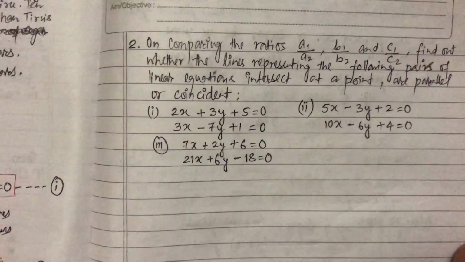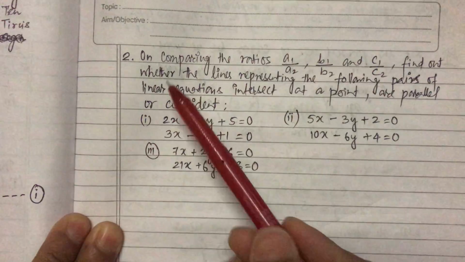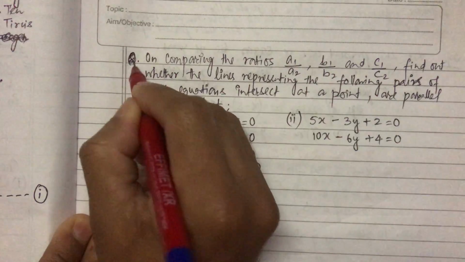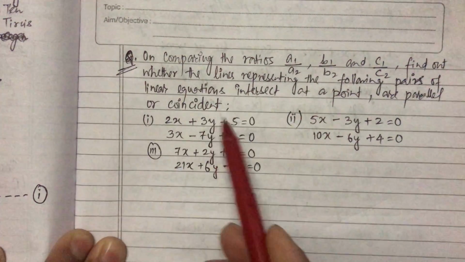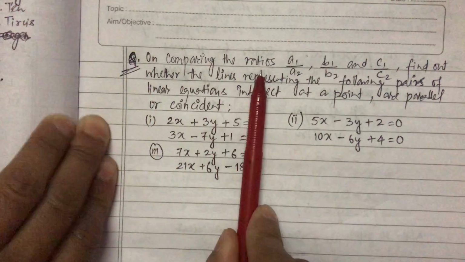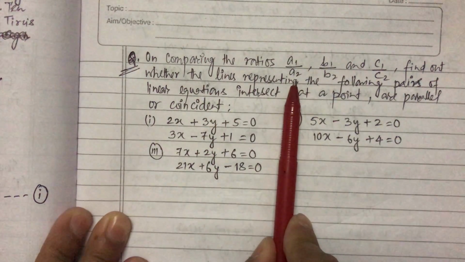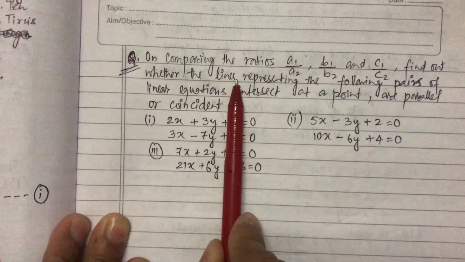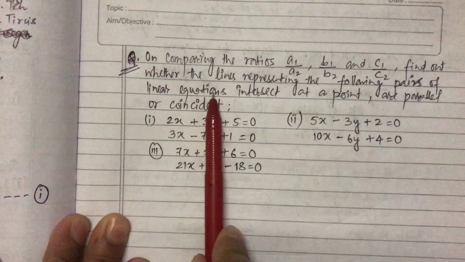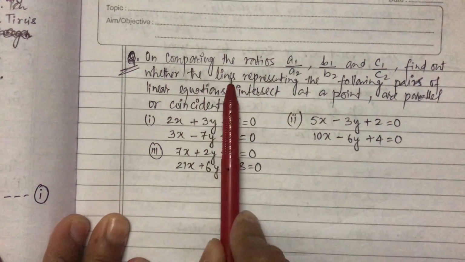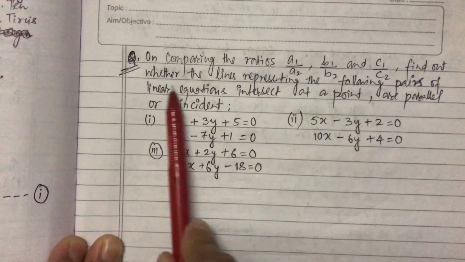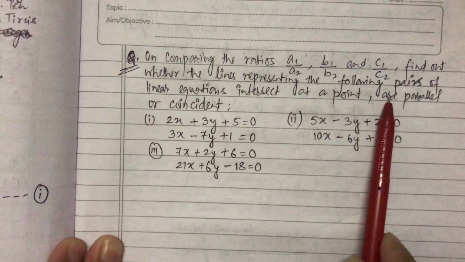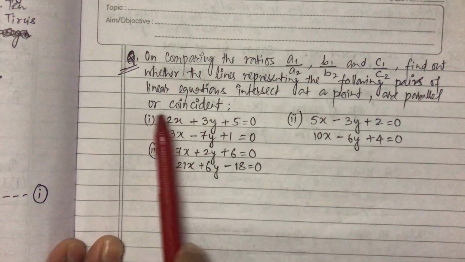So I kept questions here. This is the question. On comparing the ratios a1/a2, b1/b2 and c1/c2, find out whether the lines representing the following pairs of linear equations intersect at a point, meaning intersecting lines, unique solution, or are parallel, which we discussed earlier, or coincident.